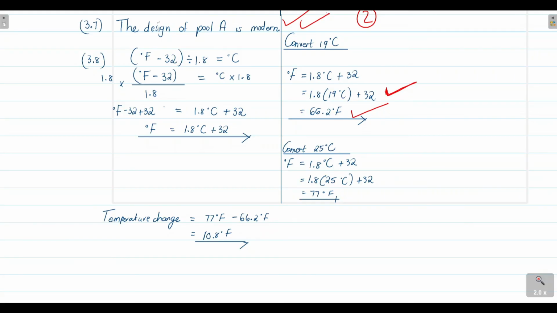Okay, you're not going to get a mark for the formula anymore because at this point you know it, so you'll just get 1 mark for saying 77 degrees Fahrenheit. You'll get another mark for calculating the temperature change. 77 degrees Fahrenheit minus 66.2 degrees Fahrenheit, 1 mark. Then another mark for your final answer, right? And this question is out of 5.